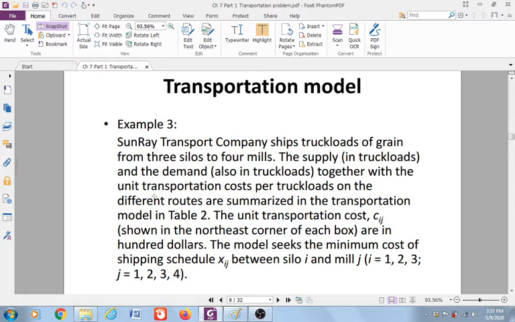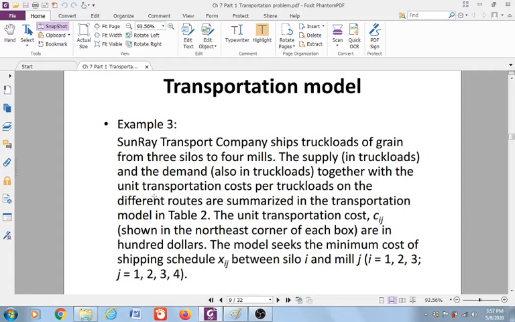The Sunray Transport Company ships truckloads of grain from 3 silos to 4 mills. The supply and the demand are in truckloads, together with the unit transportation costs per truckload on the different routes, summarized in the transportation model in table 2.